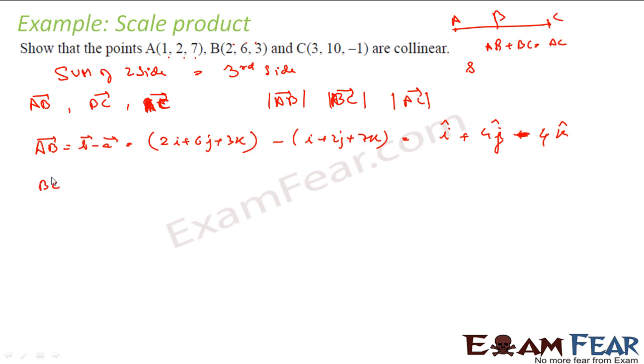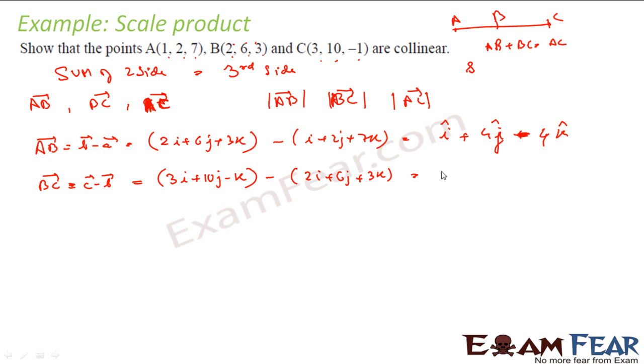Similarly, let's find the BC vector. BC vector will be C vector minus B vector. Correct? If you are confused how come BC is C minus B, watch the previous examples where we explain how this is done. So C vector is what? 3i plus 10j minus k, minus B vector, 2i plus 6j plus 3k.